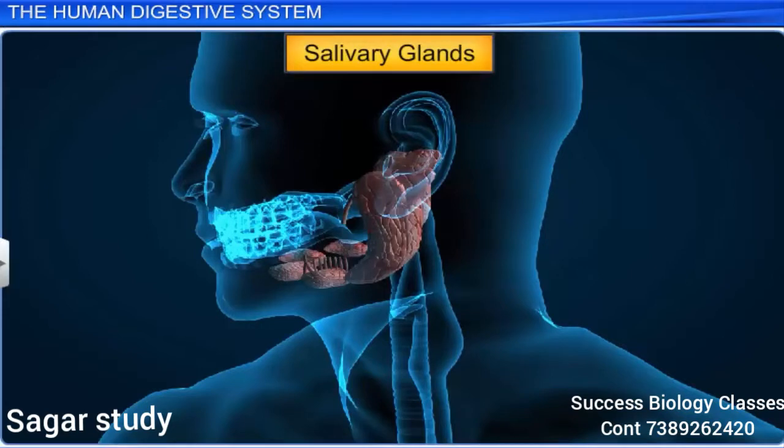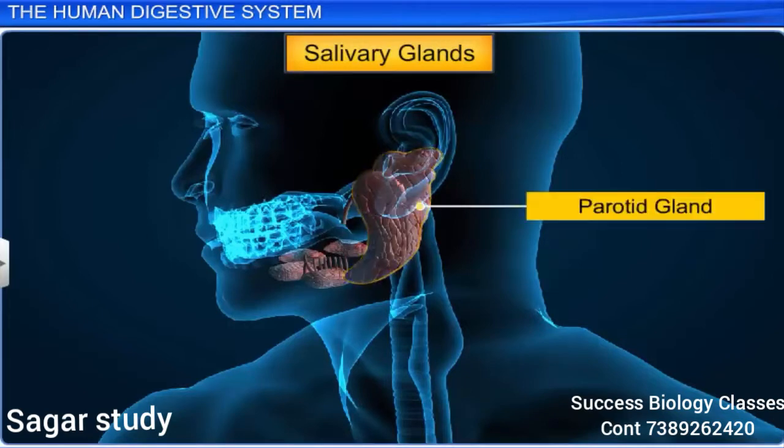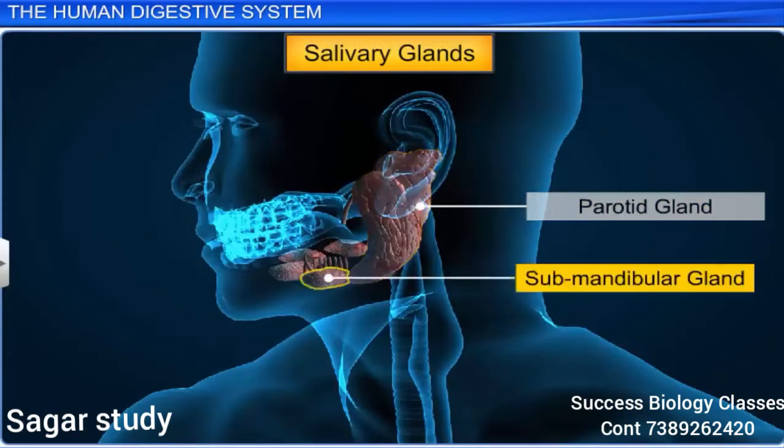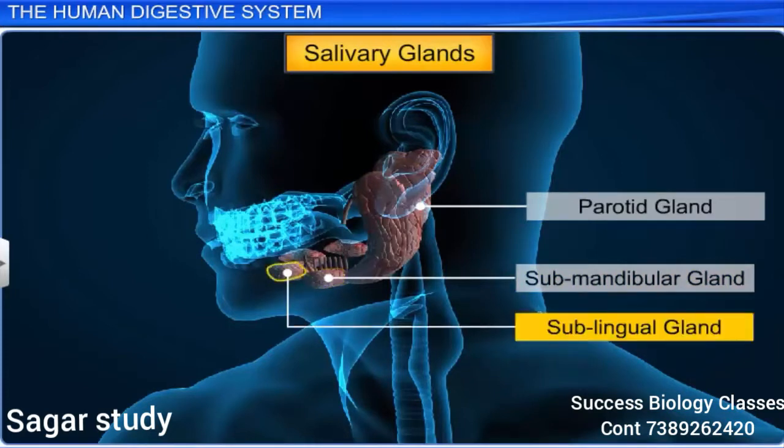There are 3 pairs of salivary glands. The parotid gland, located in the cheek, the submaxillary or submandibular gland, found in the lower jaw, and the sublingual gland, located below the tongue.